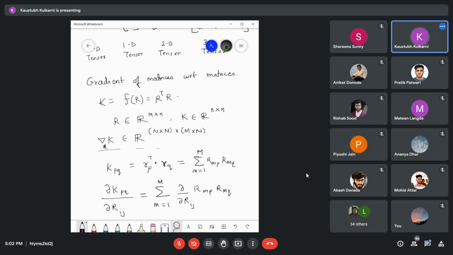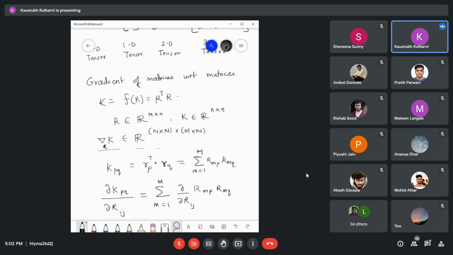So K_pq means the pth row of R transpose into the qth column of R. Because this is R transpose multiplied by R, the pth row of R transpose is nothing but the pth column of R. So that's why I wrote R_p transpose, which is a row vector, multiplied by R_q, which is a column vector.